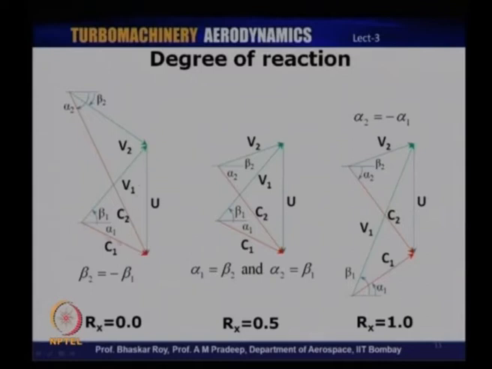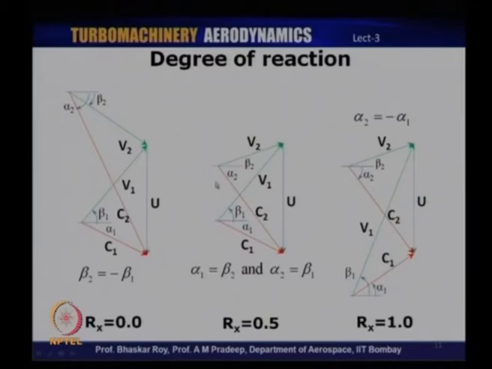This first one corresponds to the velocity triangle at the rotor inlet, and this corresponds to the velocity triangle at the rotor exit. And in such a configuration, the rotor does not contribute to any pressure rise, it simply deflects the flow, which is also true here, as you can see V1 is in magnitude equal to V2.